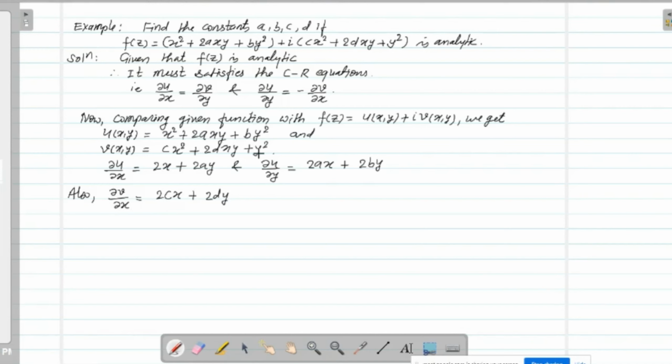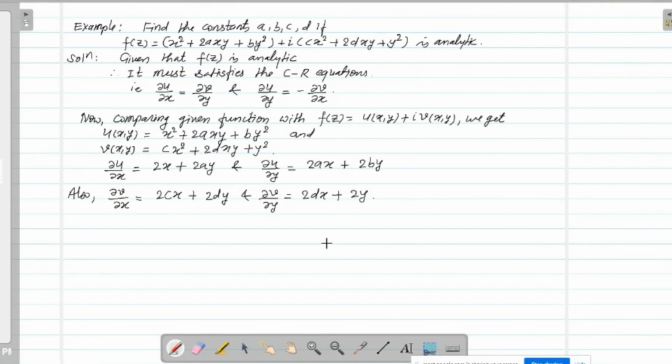Okay, and the derivative of this is 0. And dou v by dou y: now differentiating this function v with respect to y, this term is 0 because this is a constant term, x square. So you will get 2 times dx, and plus the derivative of y square is 2y.